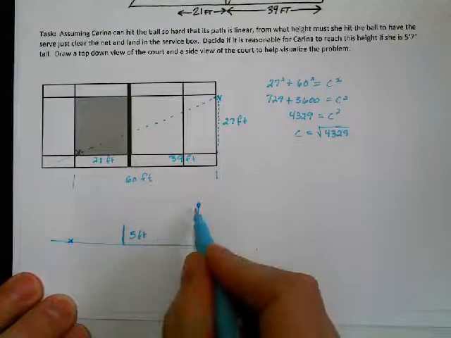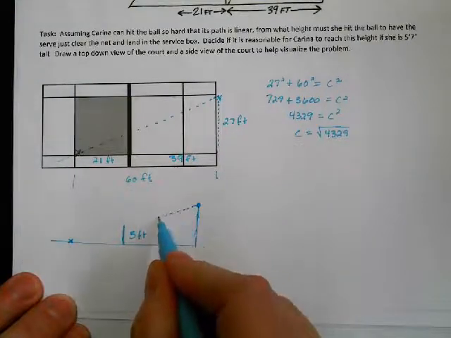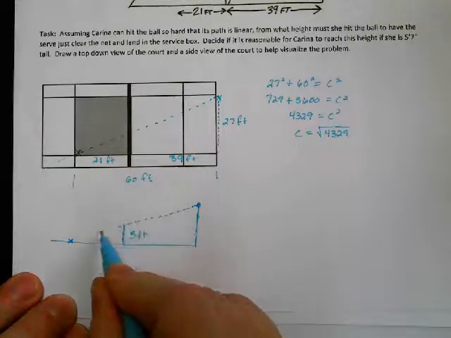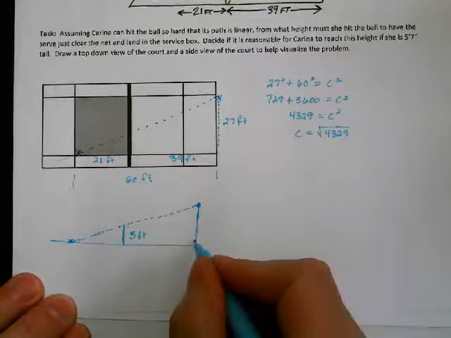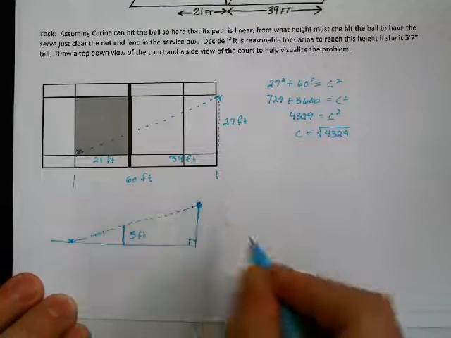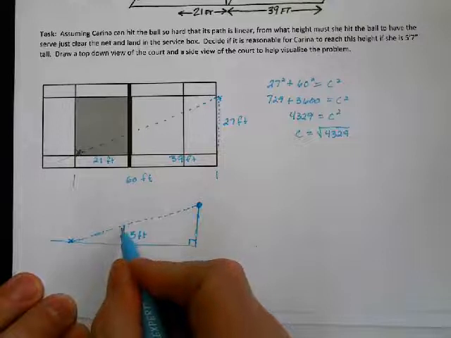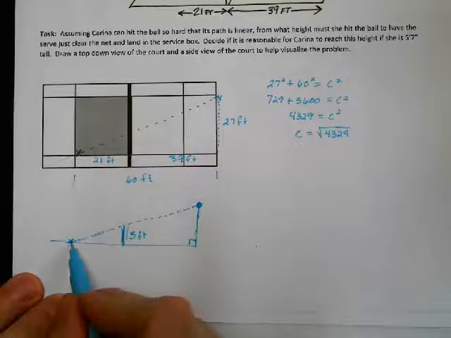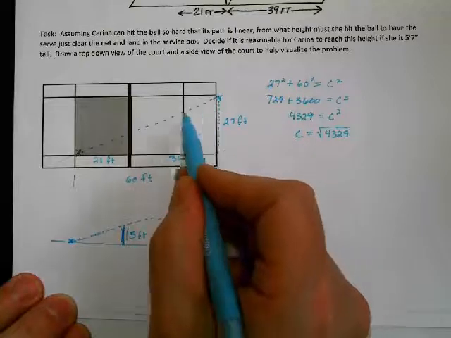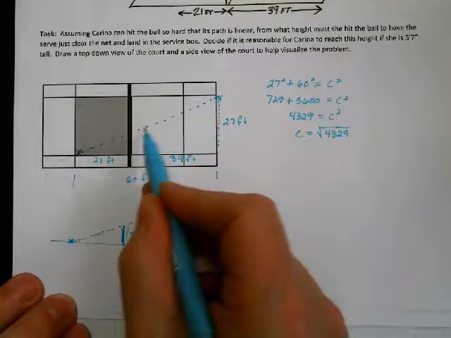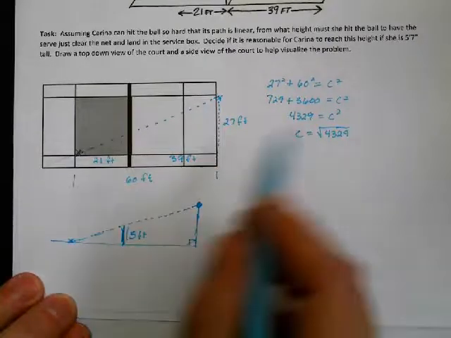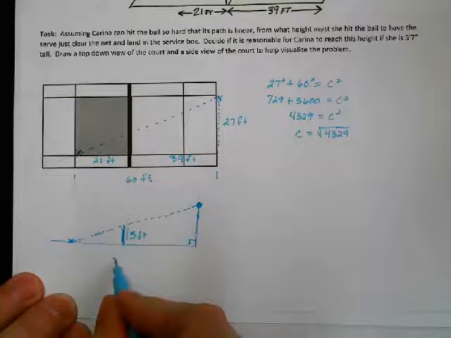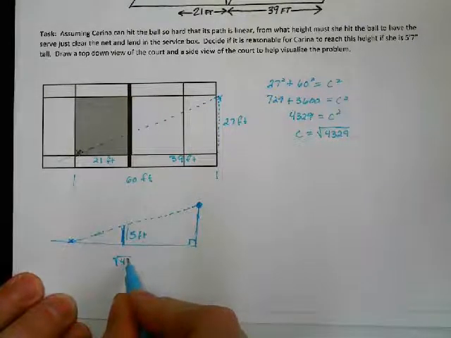So we want a path doing that, with a right angle. This is where her ball needs to be when she hits. It needs to make it over this 3-foot net and then land over here. So this is the part on the ground, this path right there. We know that entire path is the square root of 4329.